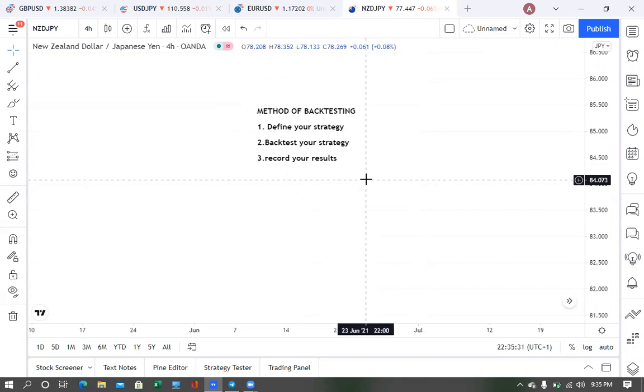Defining your strategy simply means that you have to know the type of strategy that you are willing to use when you are in the live market, or when you are to trade.